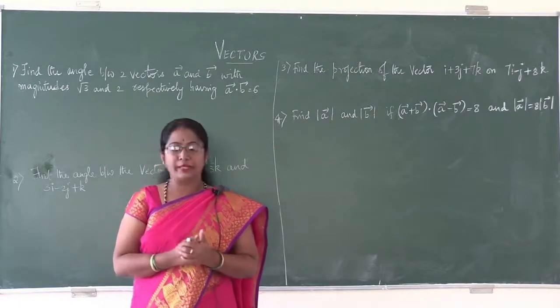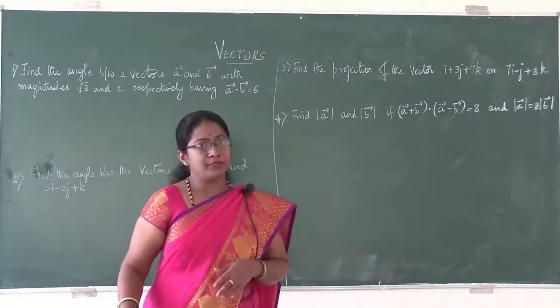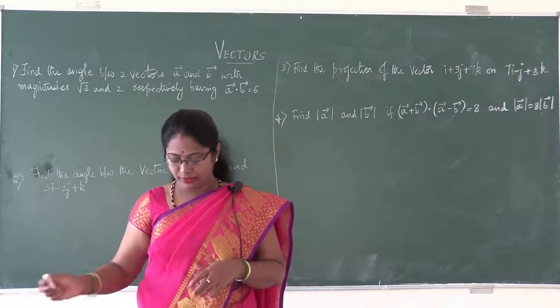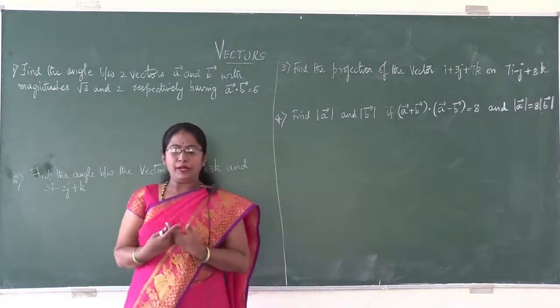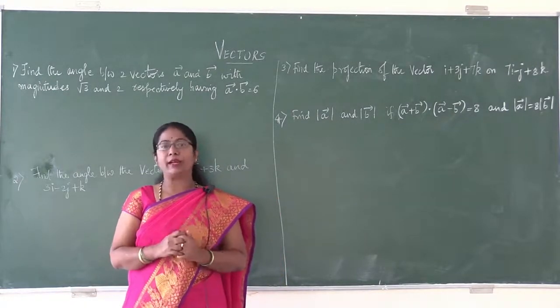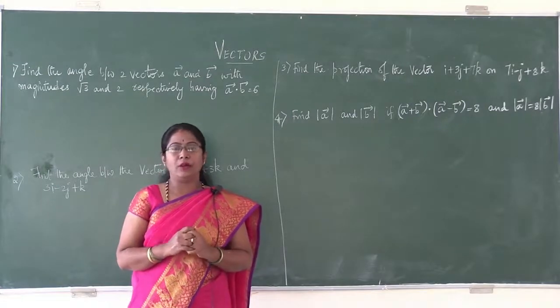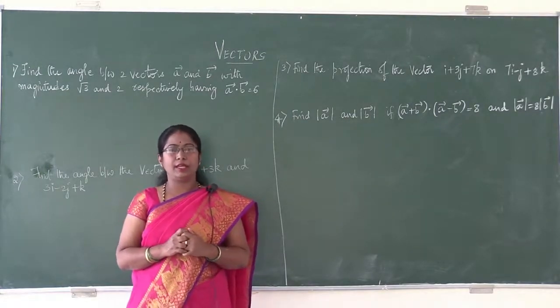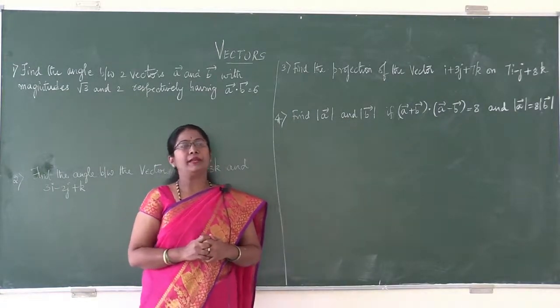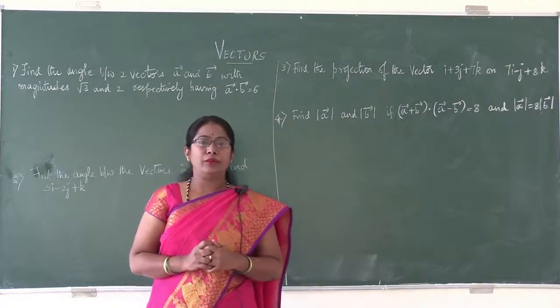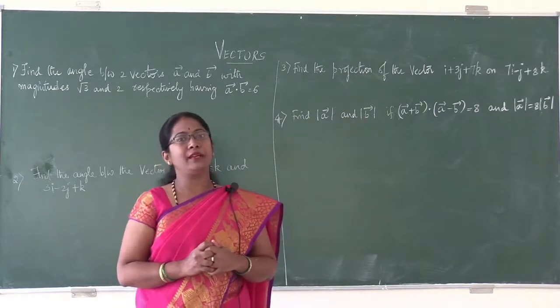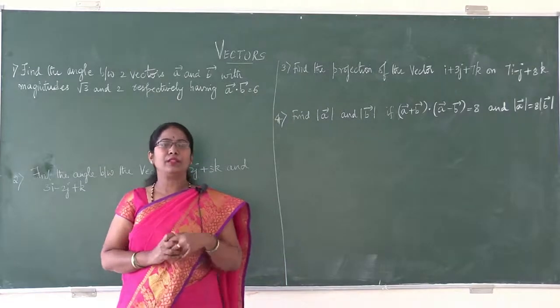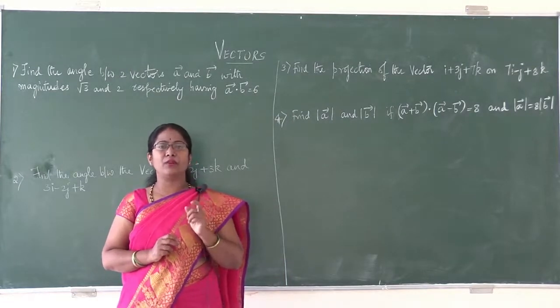Moving on to the properties of dot product. The first property of dot products is that the dot product of two vectors is always a scalar quantity and not a vector quantity. We define vector A dot vector B as magnitude of vector A, magnitude of vector B, cos theta. So with regards to this definition, what will be cos theta?